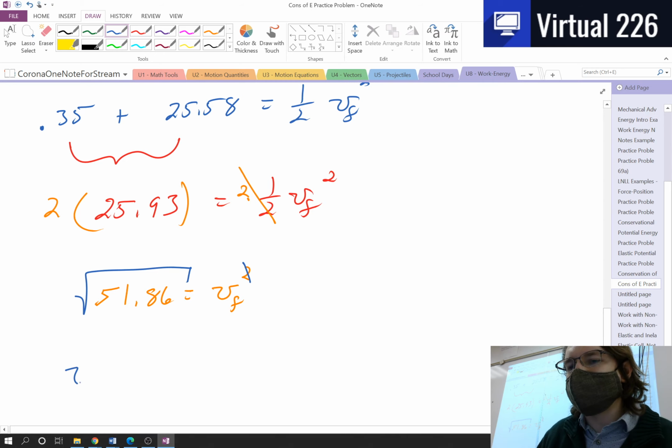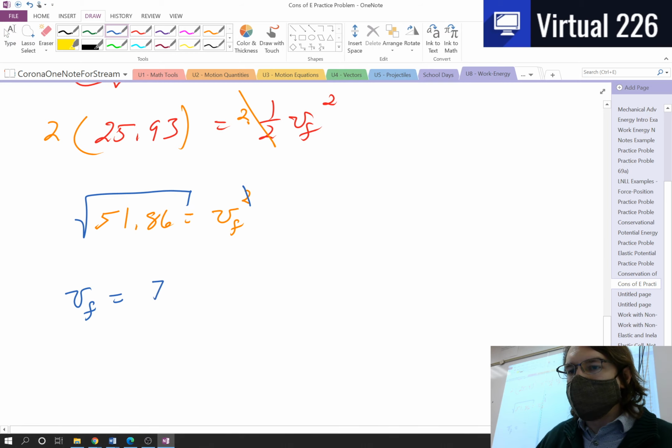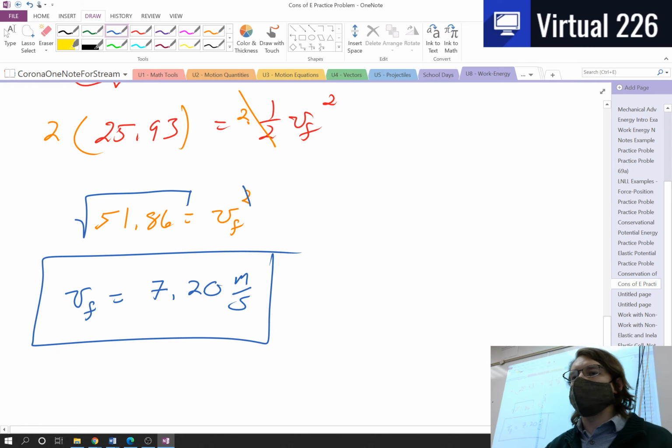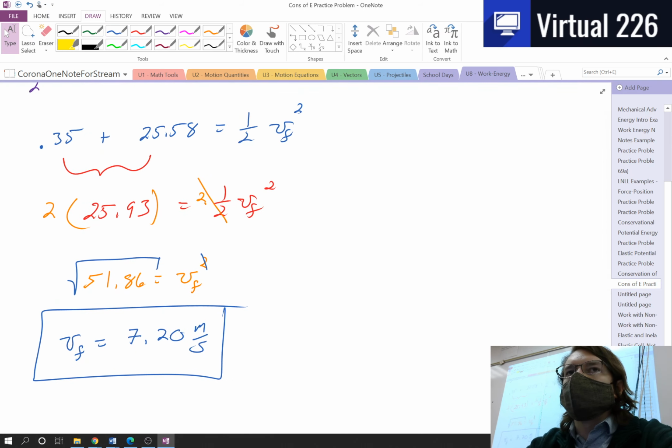So my guess is that we're going to get a final velocity here, or a final speed, of like 7 point something. And it turns out we get 7.20 meters per second. And that's the conclusion of this problem.